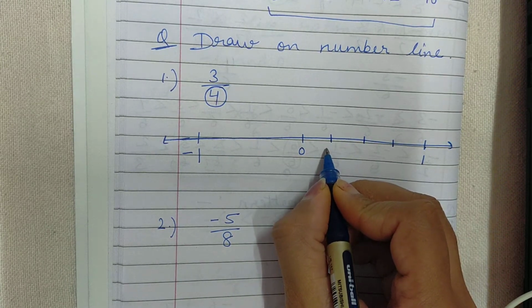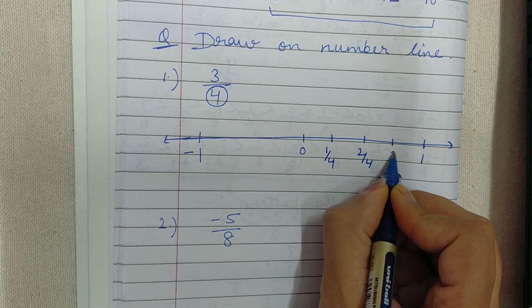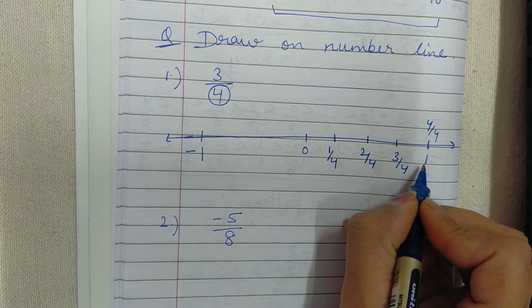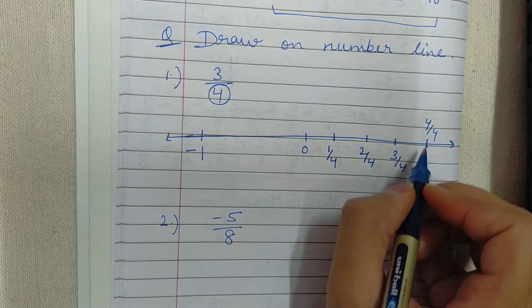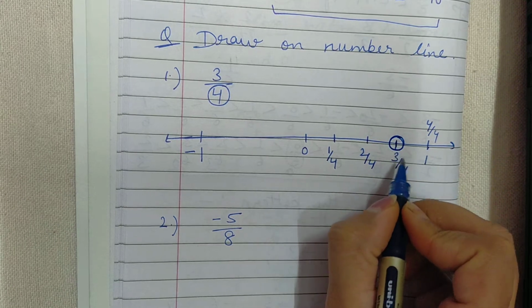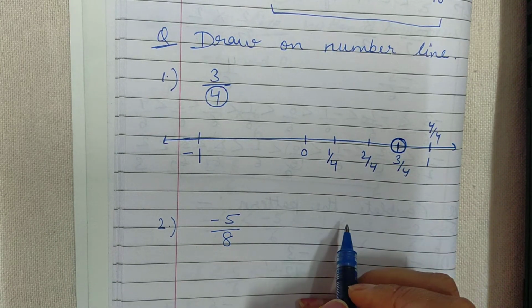Then it is 1/4. It is 2/4 and it is 3/4. Then it is 4/4, and 4/4 means 1. So 3/4, where does it lie? It is 3/4 on the number line. So 3/4 is represented by this on the number line.